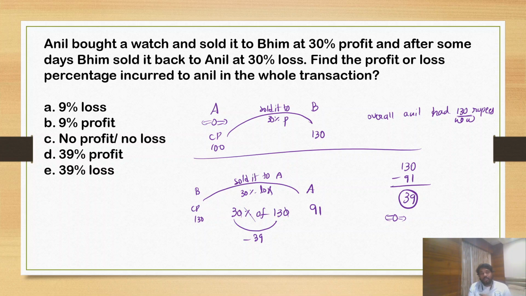His initial investment was 100 rupees, and out of 100 he got 39 rupees profit. So 39 out of 100 into 100, which is profit by cost price into 100, gives 39% profit.